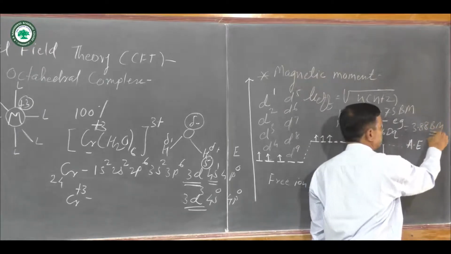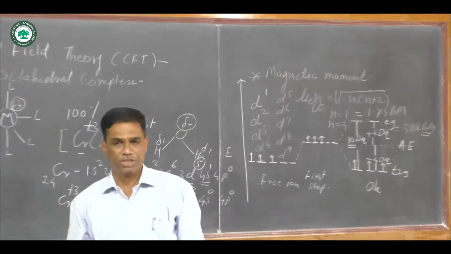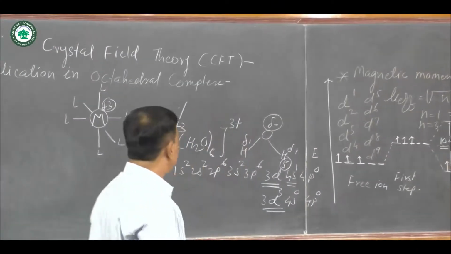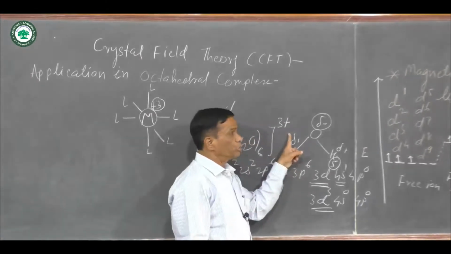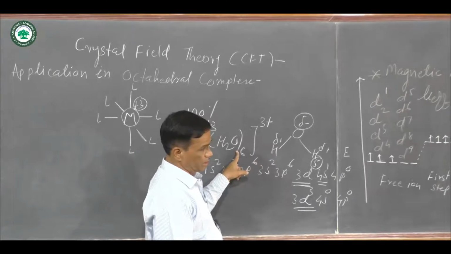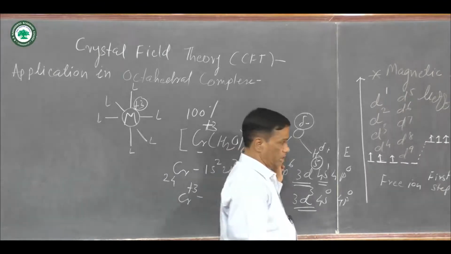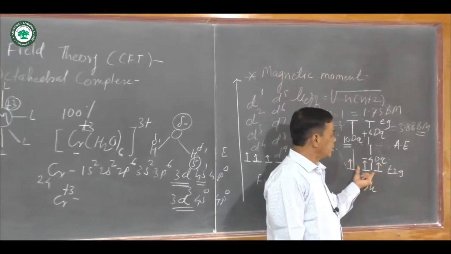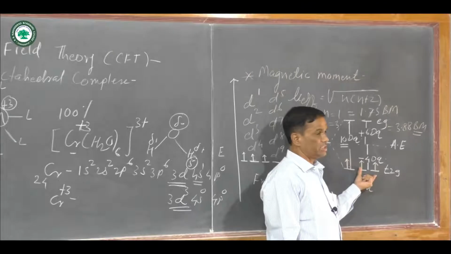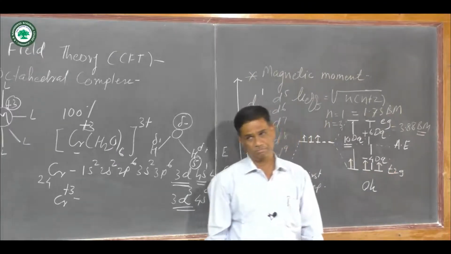The observed and calculated values are quite near to each other, which indicates that in the [Cr(H2O)6]3+ complex ion, 3 unpaired electrons are there. That complex ion is paramagnetic in nature because 3 unpaired electrons are there, and they remain in the t2g orbitals.